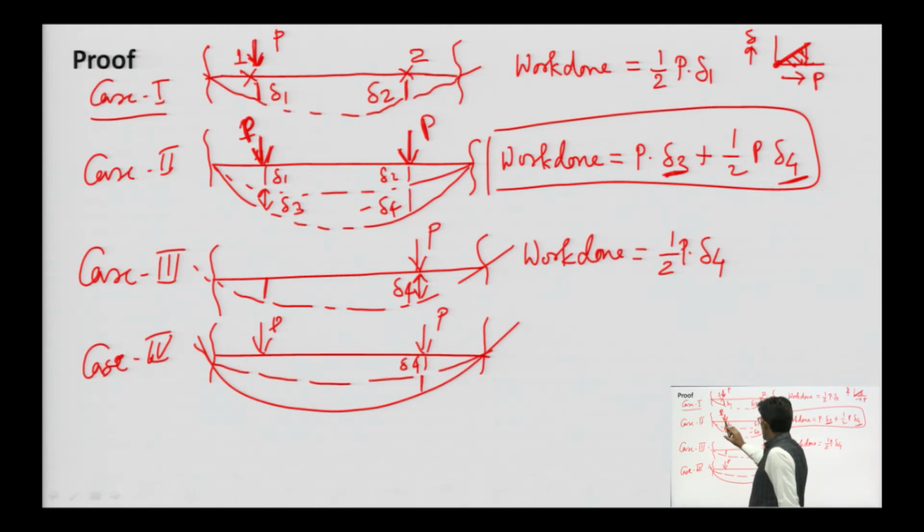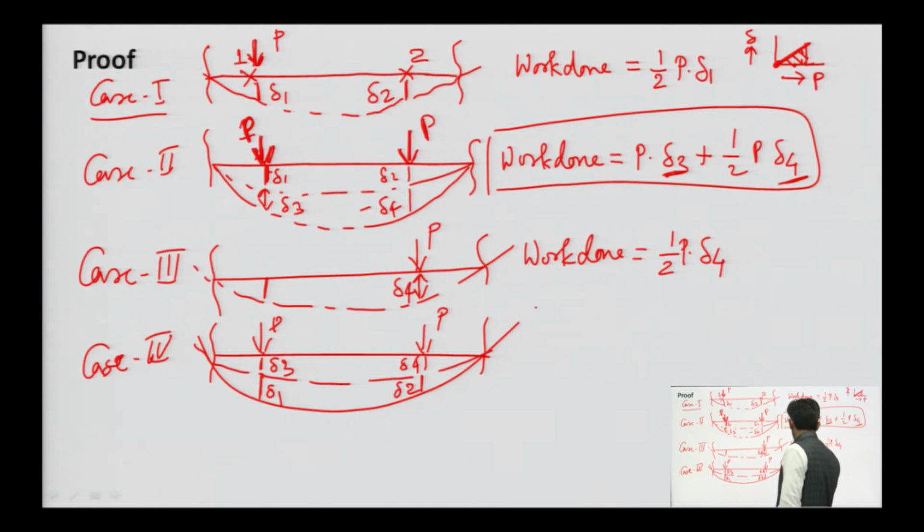Due to P, the ordinate was del 2. So, it is del 2, and here it will be del 1, because initially del 1 was observed. So, it is del 1, and what will that be? It will be del 3, right.